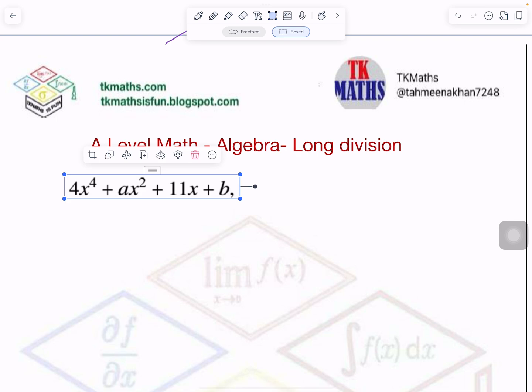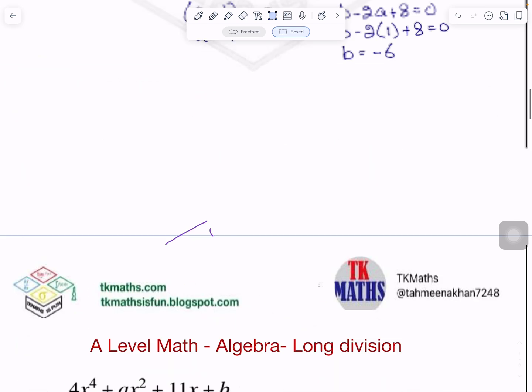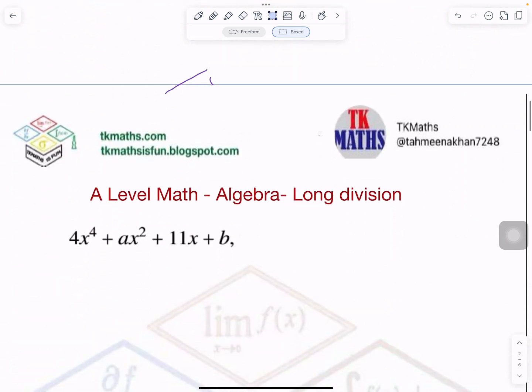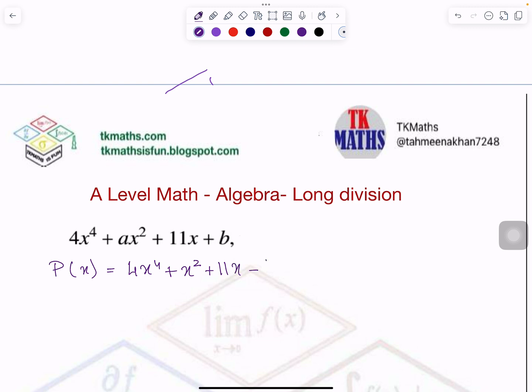So I have to solve it completely, because the question is saying find the roots, real roots. It is written here, real roots. Okay, so now let me substitute the values here first of all. So p of x is equal to 4x power 4. a was 1, so it will be x square plus 11x, and b was minus 6.